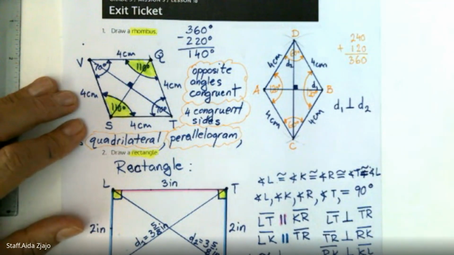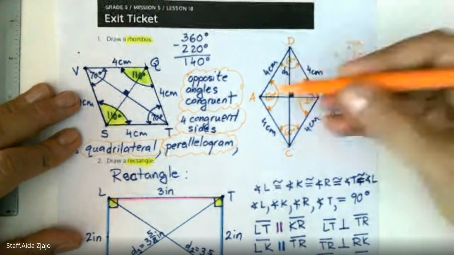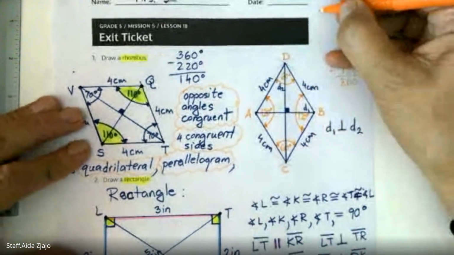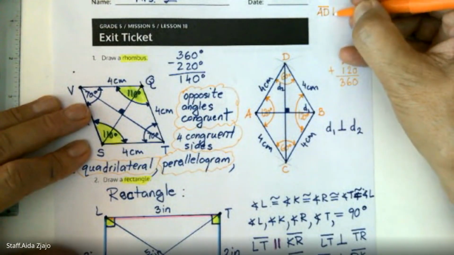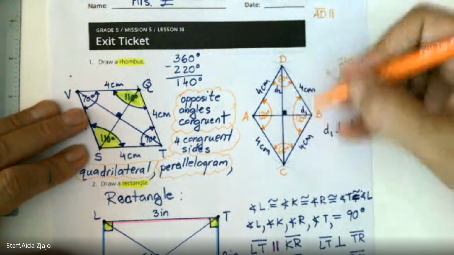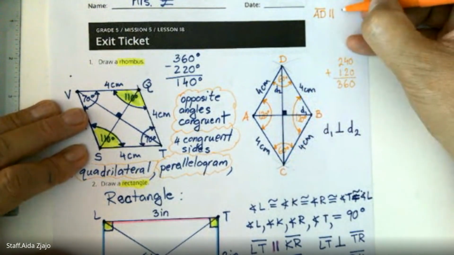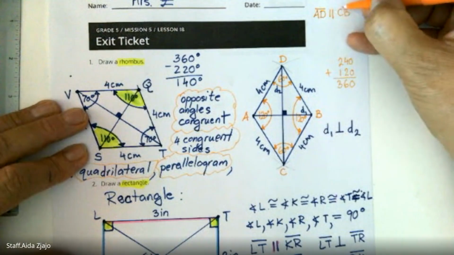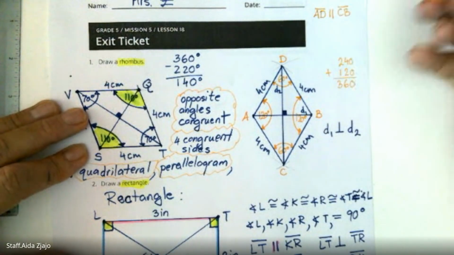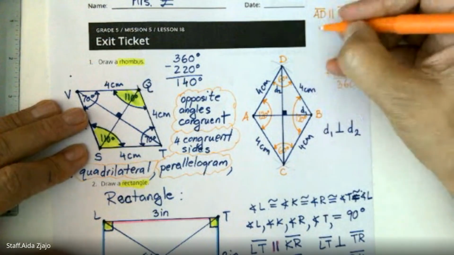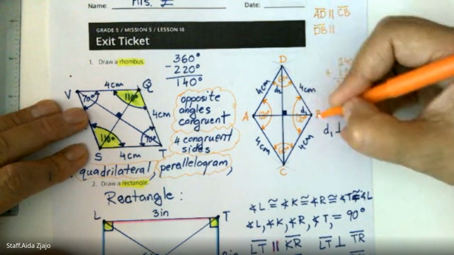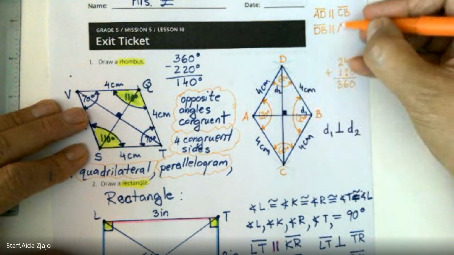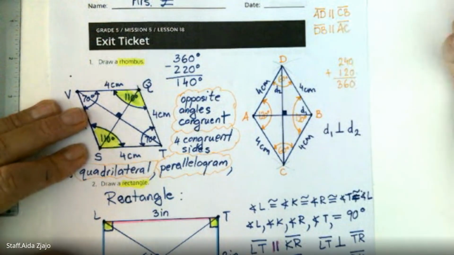Well, you can also use, same as we did, AD line segment is parallel to the CB line segment. And then DB line segment is parallel to AC line segment.